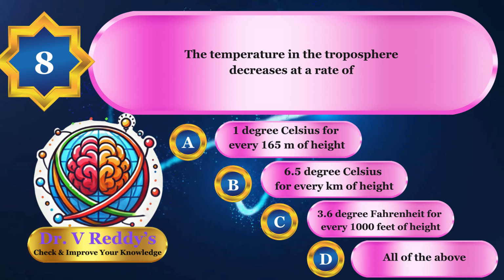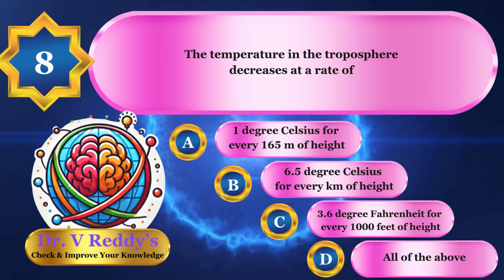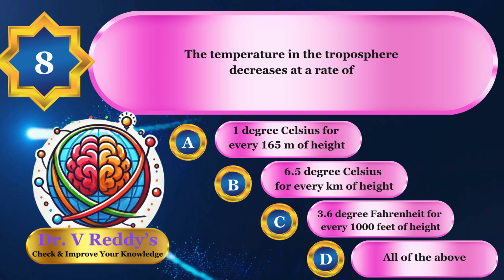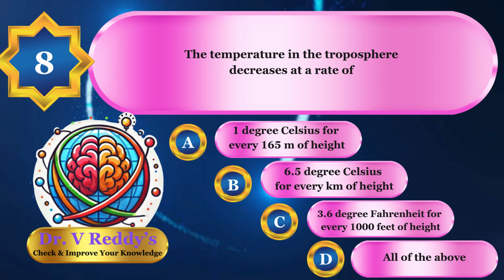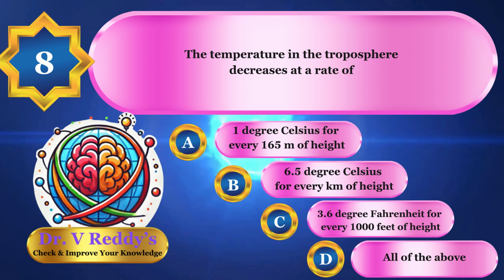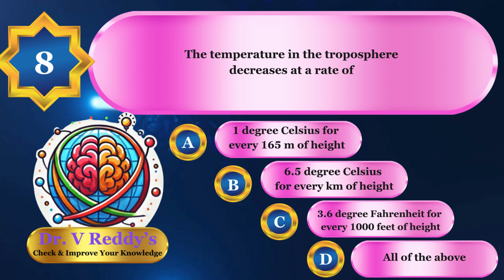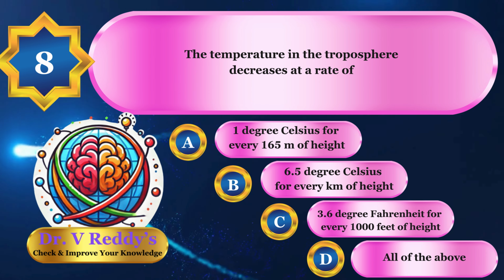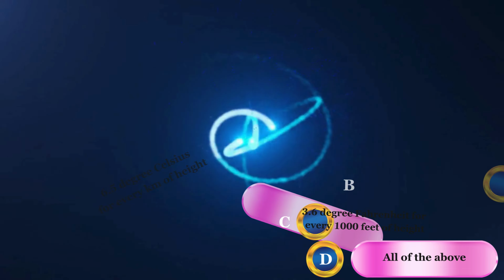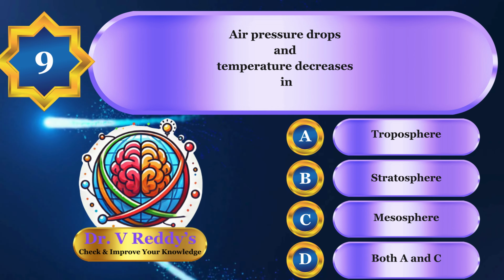8. The temperature in the troposphere decreases at a rate of A. 1 degree Celsius for every 165 meters of height, B. 6.5 degrees Celsius for every kilometer of height, C. 3.6 degrees Fahrenheit for every 1,000 feet of height, D. All of the above. 9.